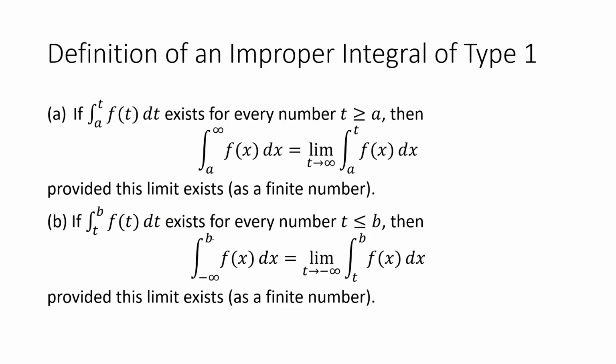On the other hand, if I take an integral from negative infinity to b, what we're really doing is essentially taking the limit as that lower limit of the integral approaches negative infinity.